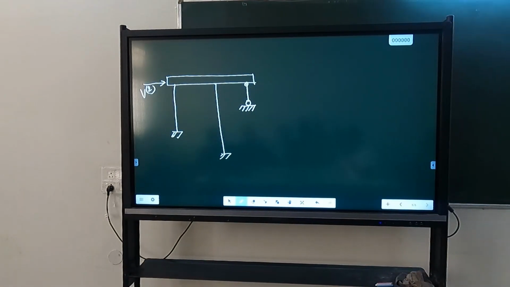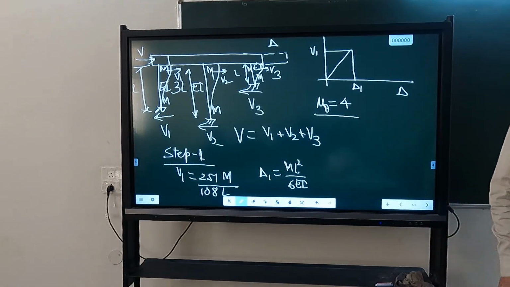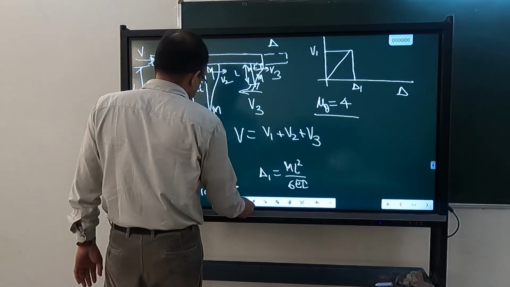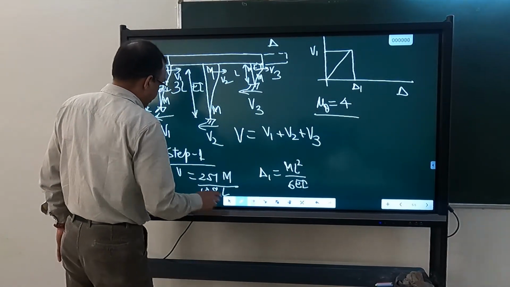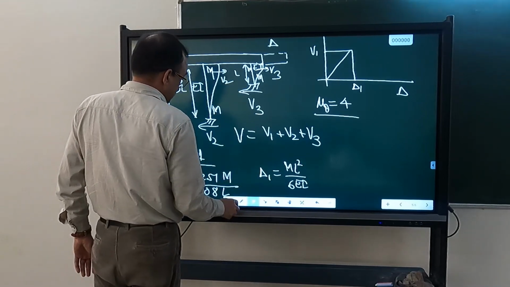What was the delta in the first step? 251 M by 108 L. This is, let me call V superscript 1, to cause first change.